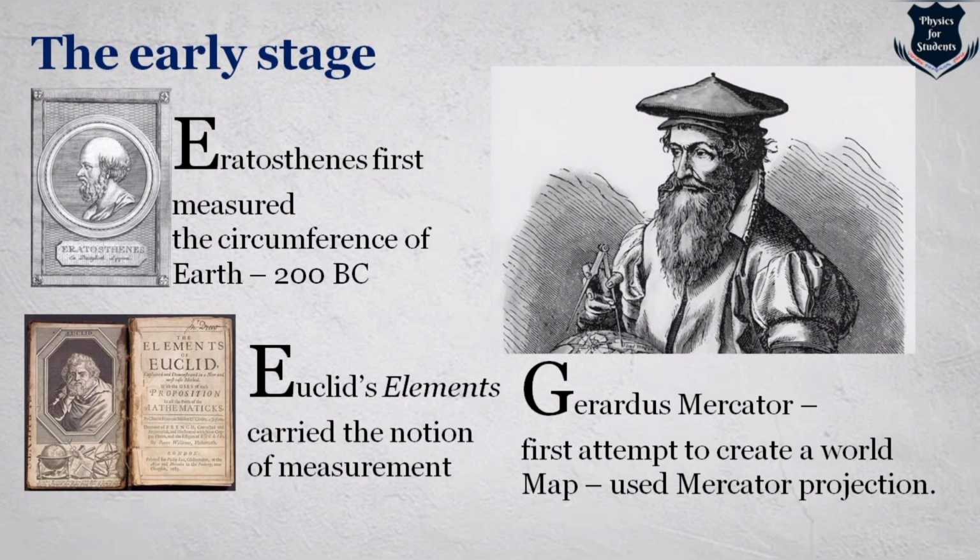It is Mercator who first perceived the notion that a spherical globe, or the measurement of the globe, can be flattened out into a two-dimensional map.